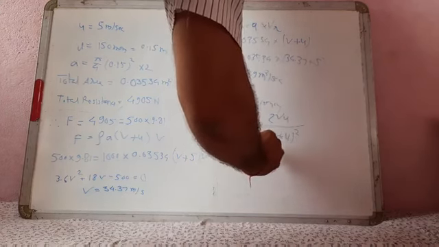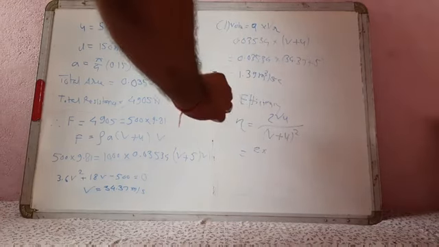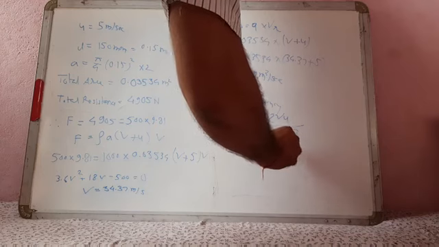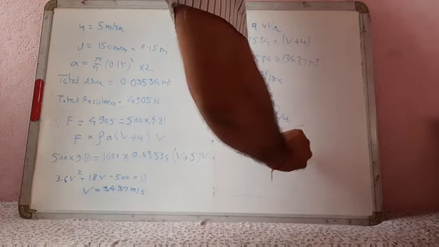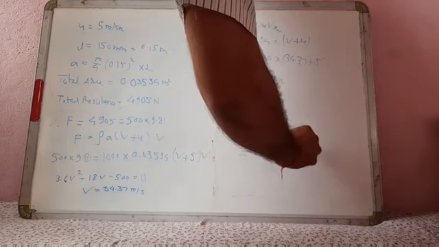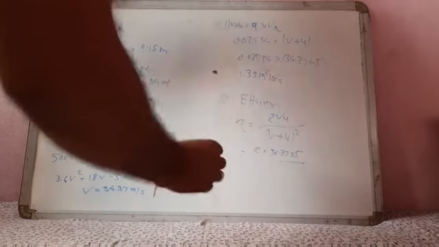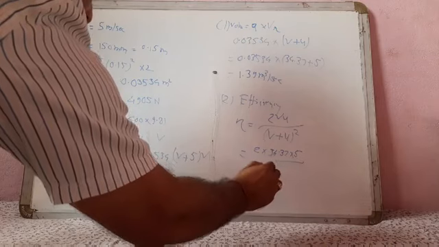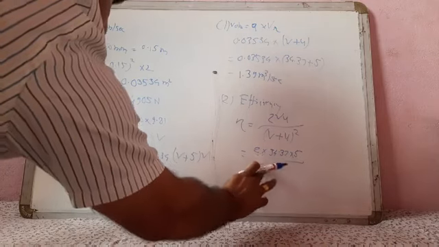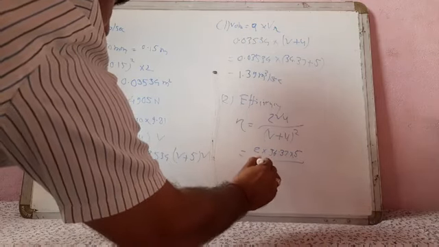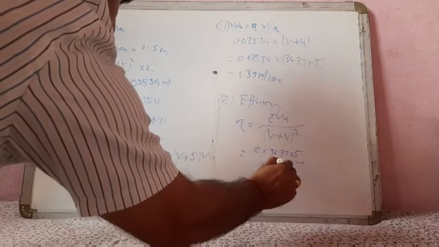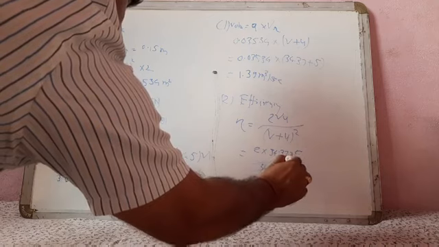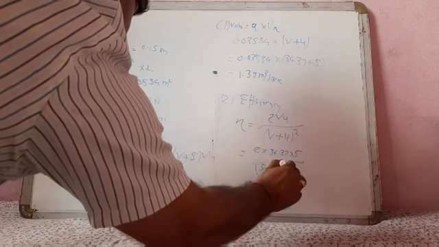Putting the values here, 2 into 34.37 into U is 5, divided by 34.37 plus 5 square.